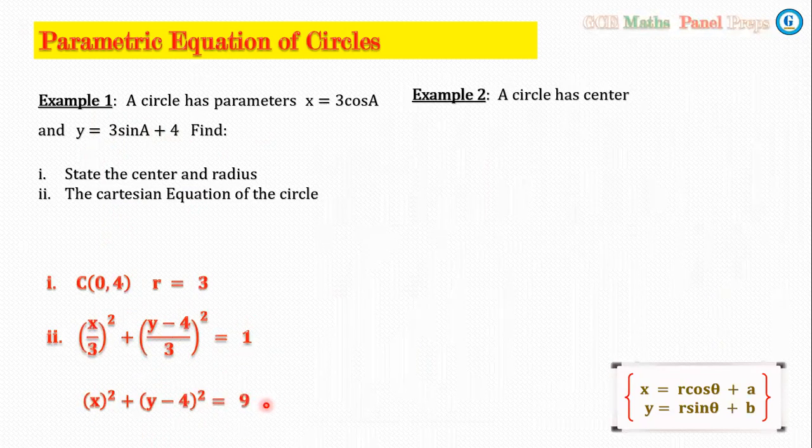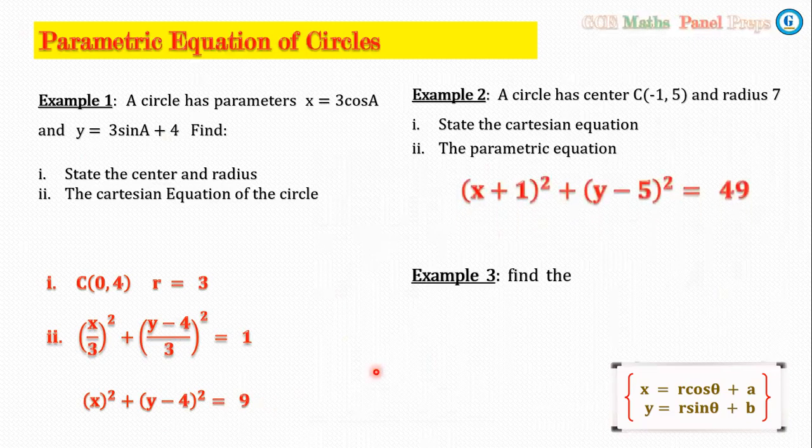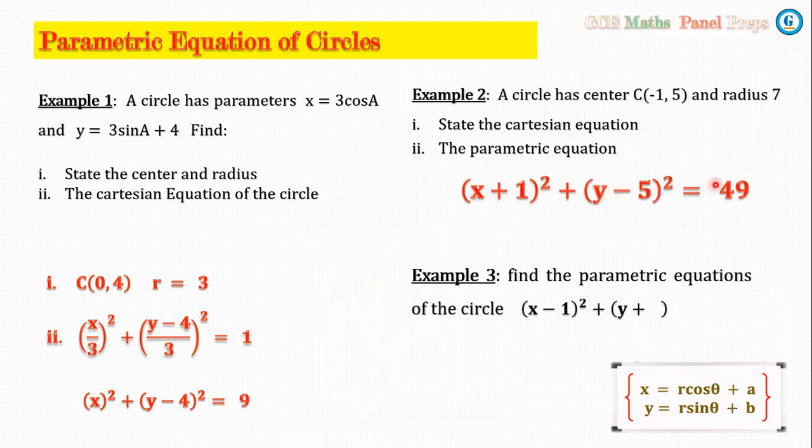Another example: a circle has center (minus 1, 5) and radius 7. State the Cartesian equation and the parametric equations of this circle. From here, the Cartesian equation is x plus 1 squared plus y minus 5 squared, which is equal to 7 squared, which is 49. And from here, you can have the parametric equation.